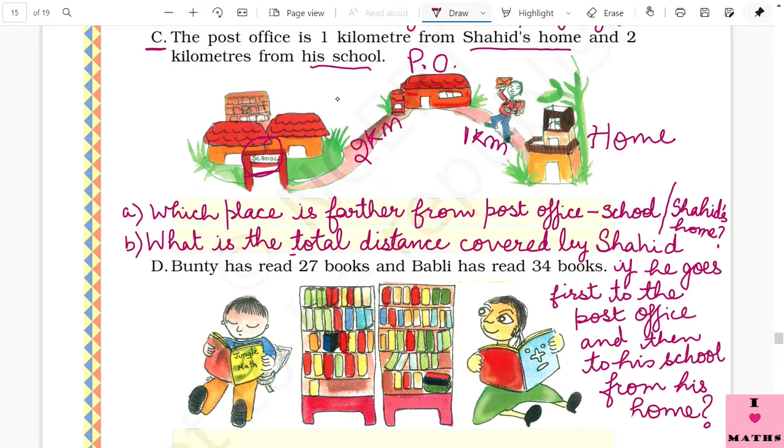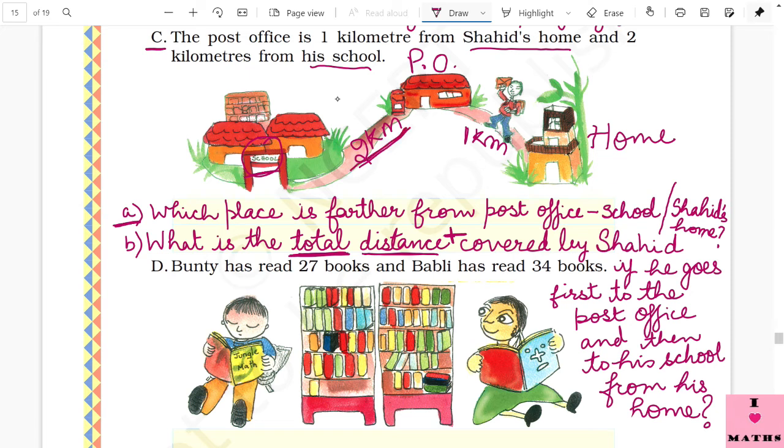In this case, children, we want to find out the total distance. Whenever we have to find out the total, in this case, we are going to add. 2 plus 1 is 3 kilometer. The answer would be 3 kilometer. In first question, in question number A, which place is farther from post office, school or Shahid's home?